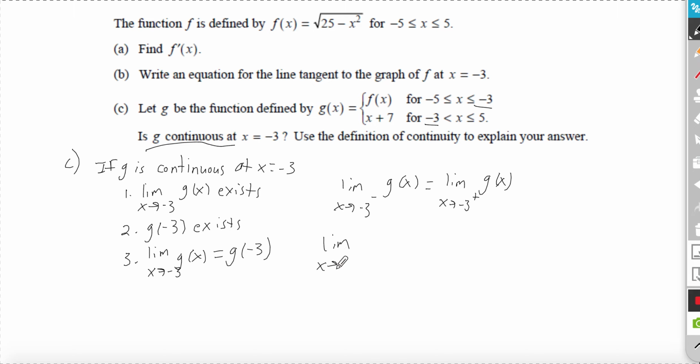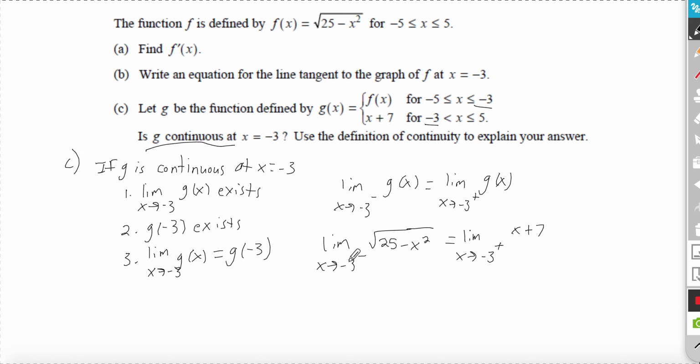The limit as x approaches -3 from the left will be the top branch of this, which is f of x. So G follows f of x at the start here, and f of x is the square root of 25 minus x squared. That limit from the left side of -3 has to equal the limit as x approaches -3 from the right, which follows x plus 7.